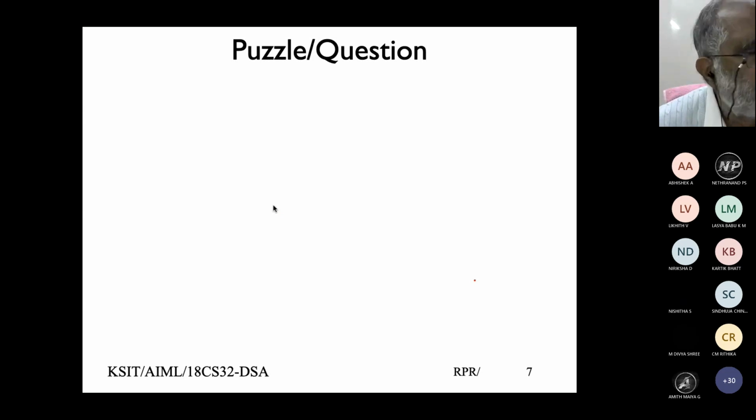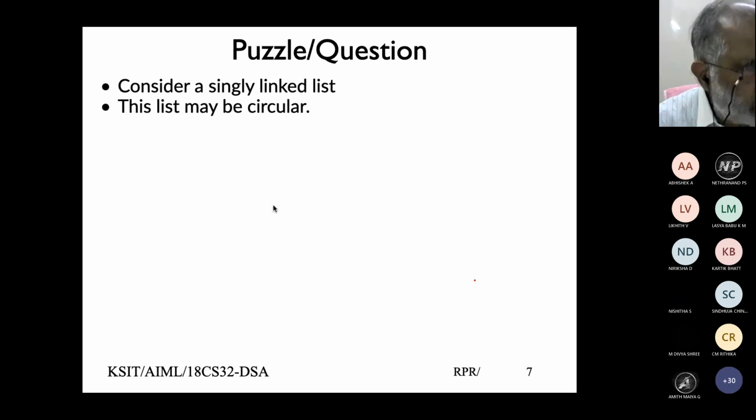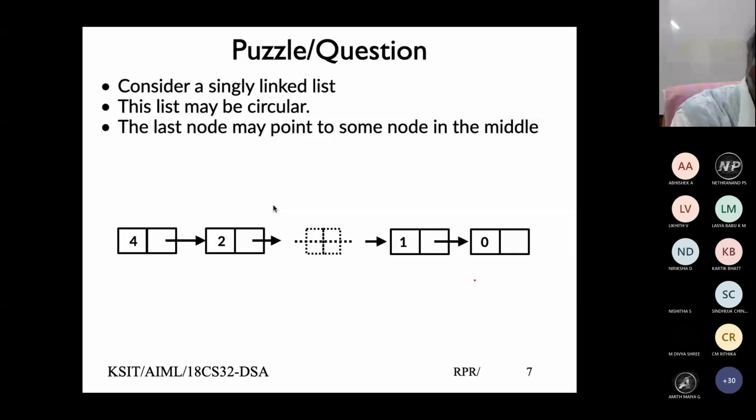I did discuss a question in the class: consider a singly linked list. The list may be circular or it may be terminated. We do not know the number of nodes. If it is terminating in between, there could be a possibility that the last link is pointing somewhere in the middle.